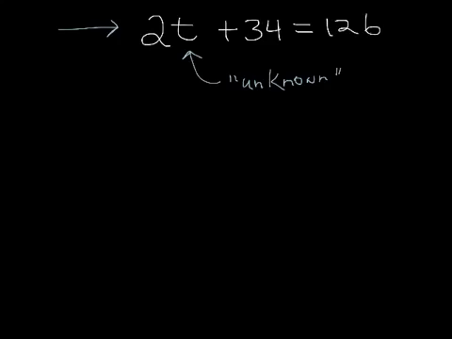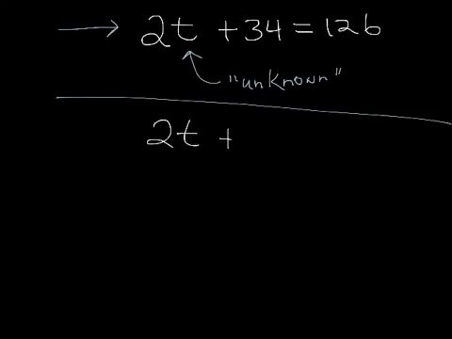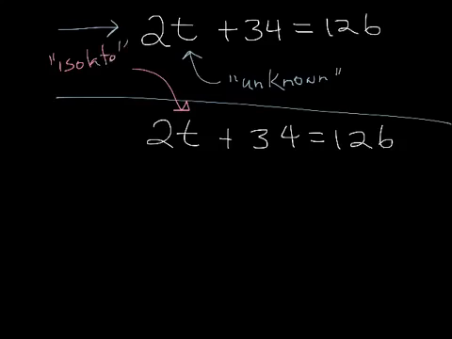So what we want to do is solve this, and let me rewrite it here. We want to solve this for the variable. When we mean solve this for the variable, we mean get this variable all by itself, isolate the variable, and when I plug whatever I solve for back in, this should calculate to 126.